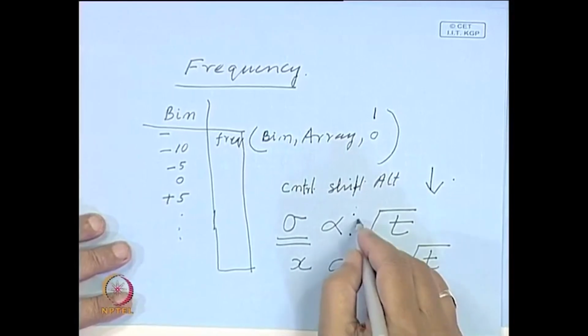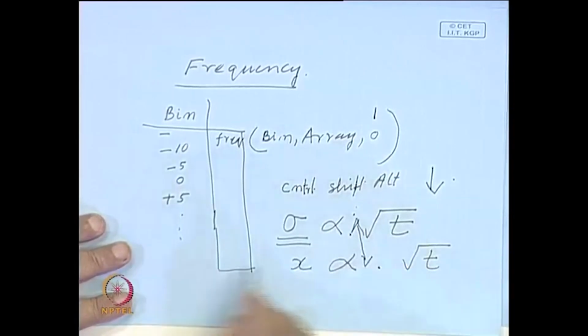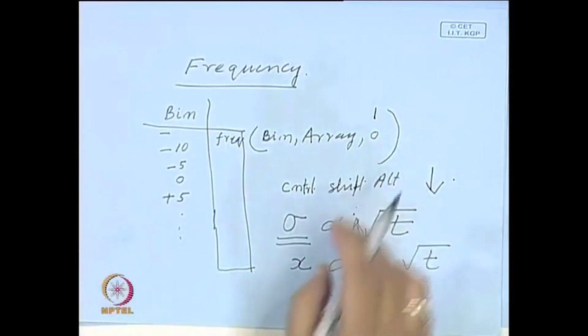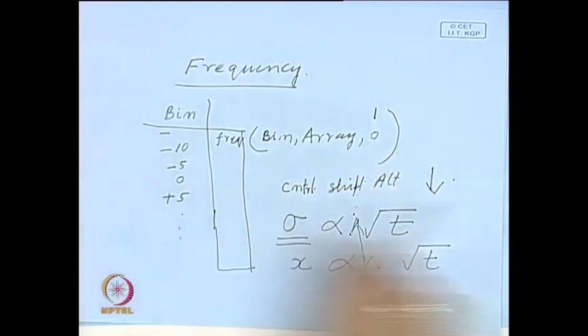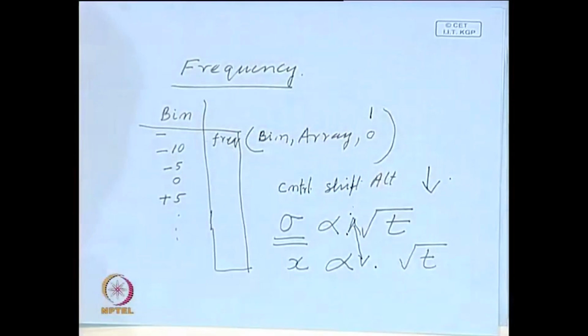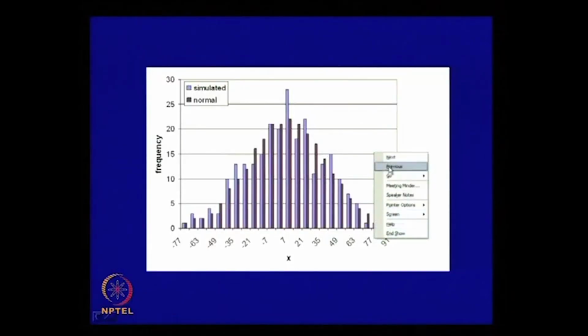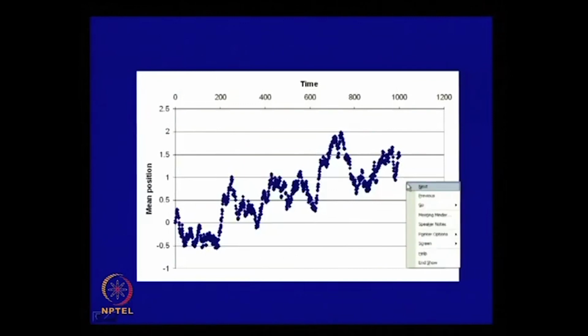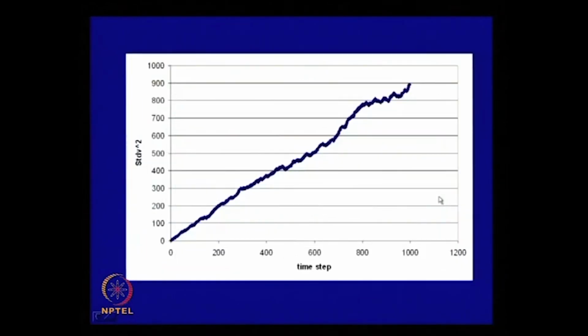So, these two proportionality constants have a relationship. Basically both will be identical. So, what it means, if you go back, this slope actually gives you a measure of diffusivity.